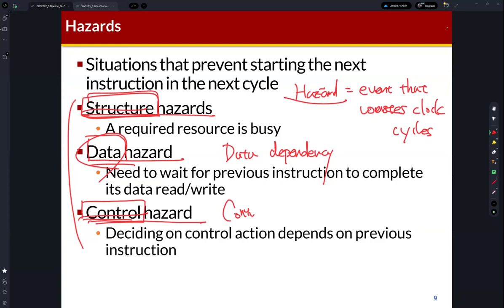Structure hazards are caused by lack of hardware resources. Data hazards are caused by data dependencies. Control hazards are caused by control instructions like branch or jump instructions.